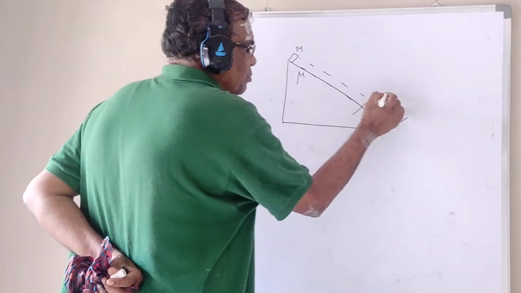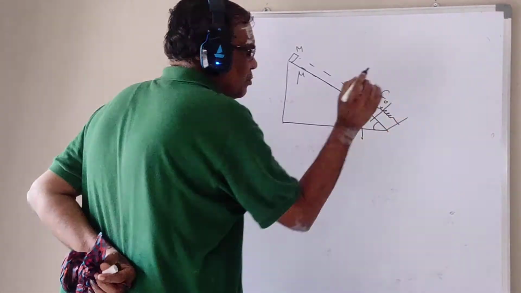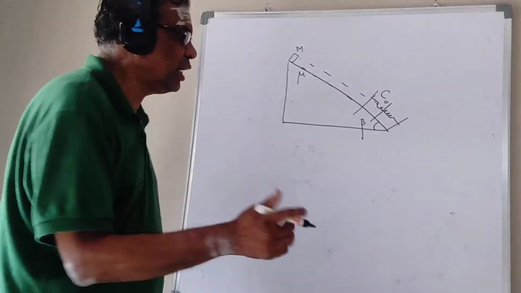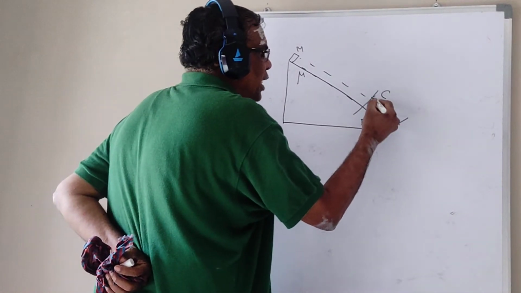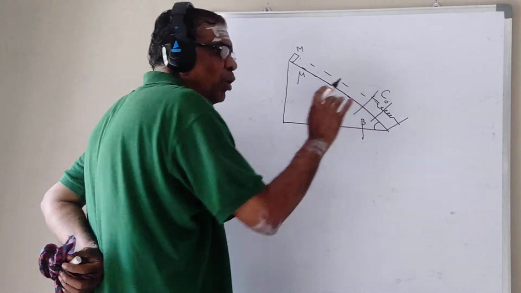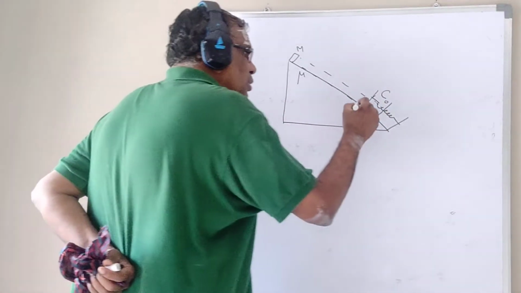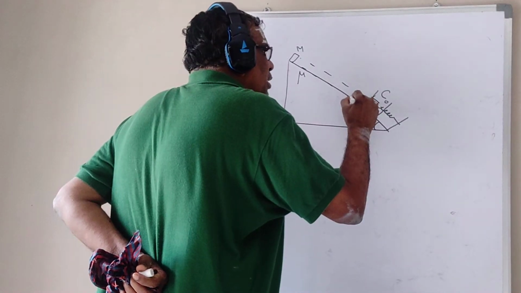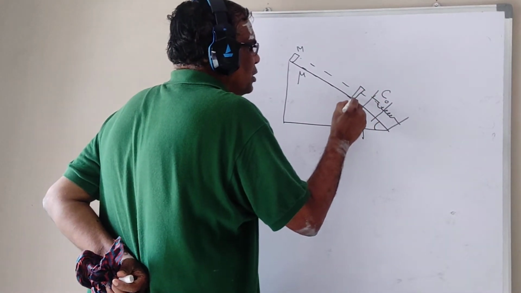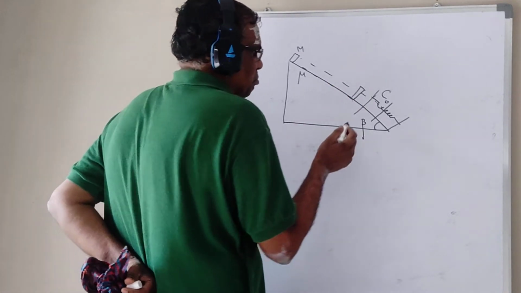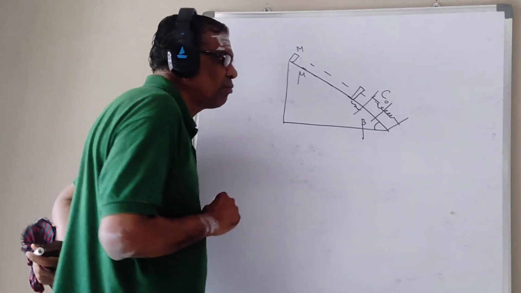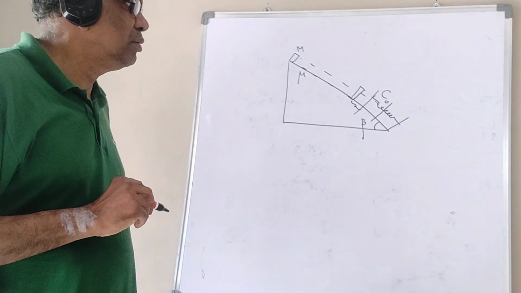Agree? I will call it as C naught. What will happen then? The spring will push it up. It will push it up, and here the spring and the body lose contact. So it will come up and stop somewhere there. You get the point?